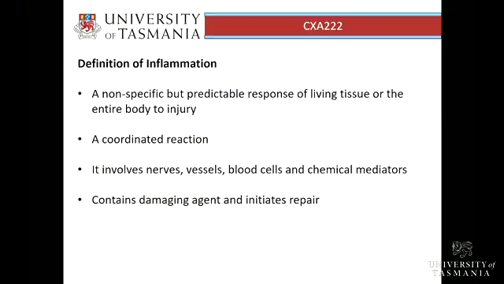Okay? It's a coordinated reaction, so there are pathways in place that limit it from getting out of hand. It's not to say it can't, but it is coordinated, it is mediated. It involves nerves, vessels, blood cells, and chemical mediators, which we'll look at in more detail. Basically, its job is to contain the damaging agent and mop it up and repair, in a nutshell.